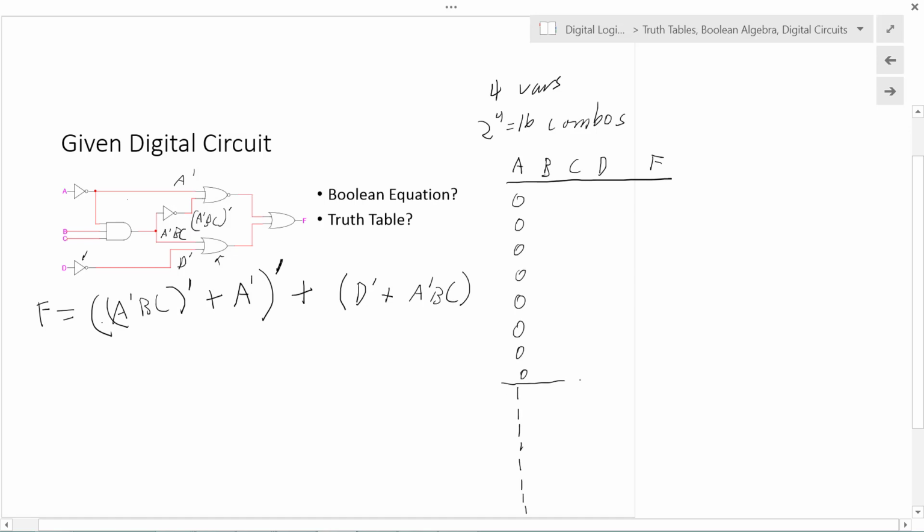16 possible combinations. We're going to draw some separator lines here just to help with our formatting and make sure everything is aligned.